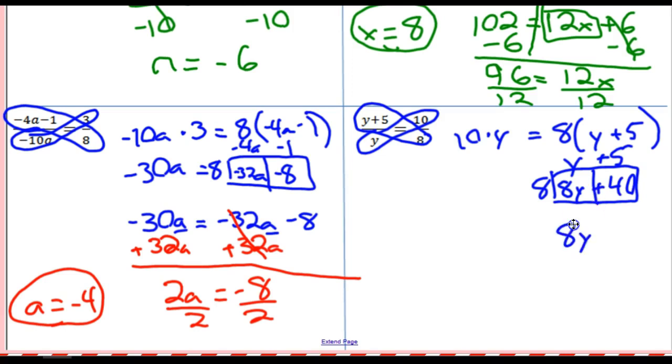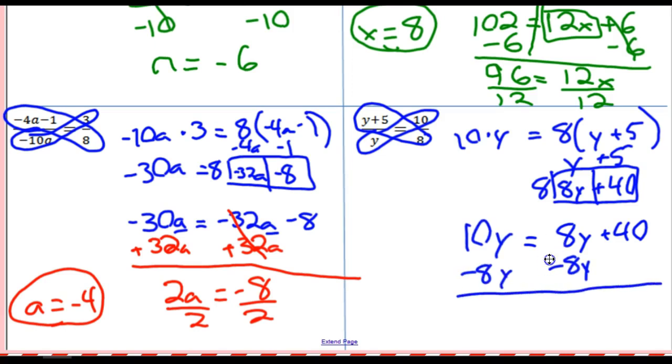We have 8y plus 40 equals 10 times y, which is 10y. We're going to move the 8y over. Now we subtracted because this was a positive 8. So 10y minus 8y gives us 2y equals 40. Finally divide by 2, and y equals 20.